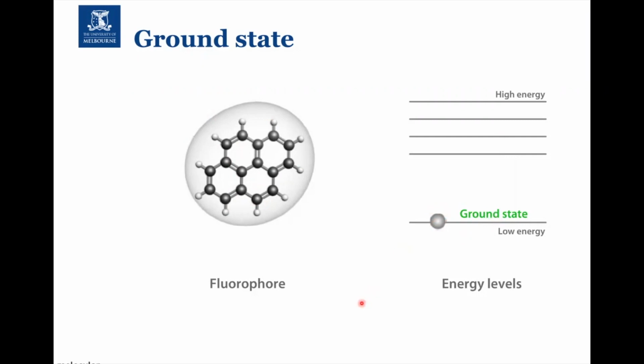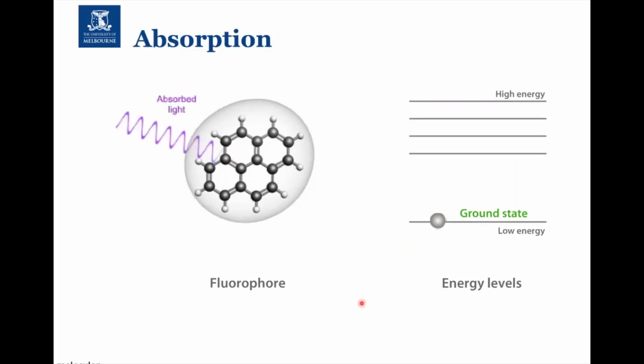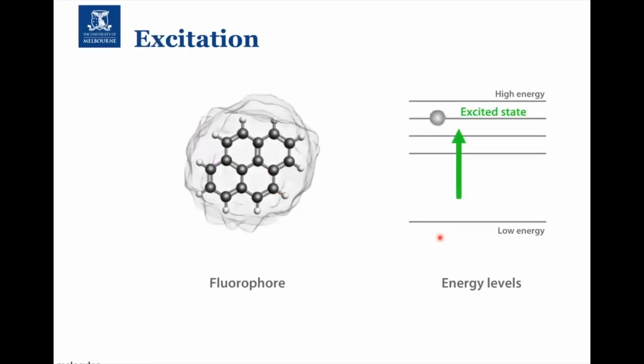So the first thing that has to happen with fluorescence is a photon comes in and this molecule absorbs that energy. And what happens in this case is it goes from the ground state up to what we call an excited state. And you'll see in this diagram there are multiple levels of excitation that this can reach. So at the moment we're excited up to this level here.